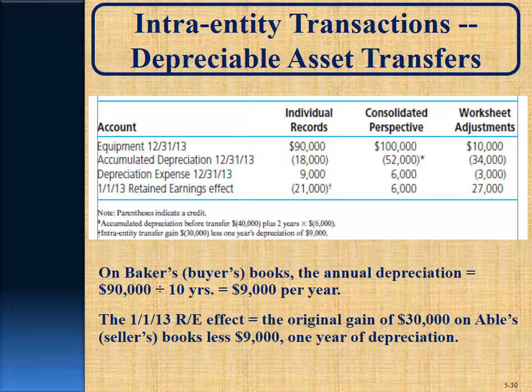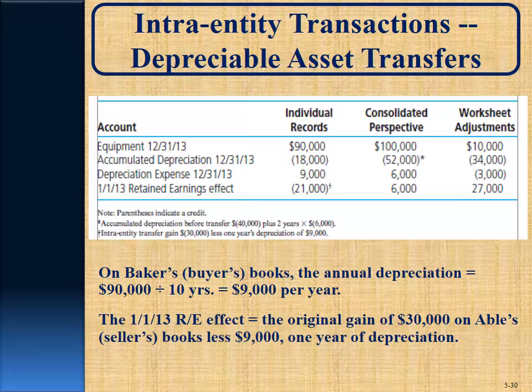As of 1/1/13, Able's individual records show a $30,000 positive profit in retained earnings minus $9,000.